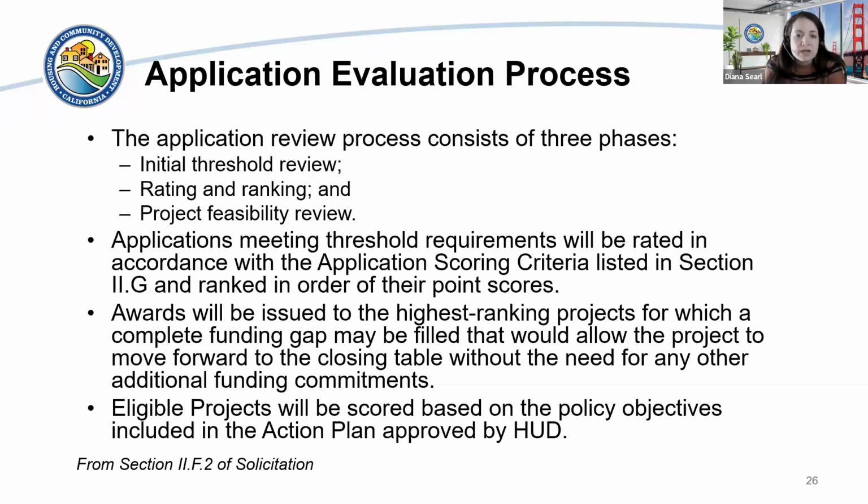Awards will be issued to the highest ranking projects for which a complete funding gap may be filled that would allow the project to move forward to the closing table without the need for any other additional funding commitments. Eligible projects will be scored based on the policy objectives included in the action plan approved by HUD.